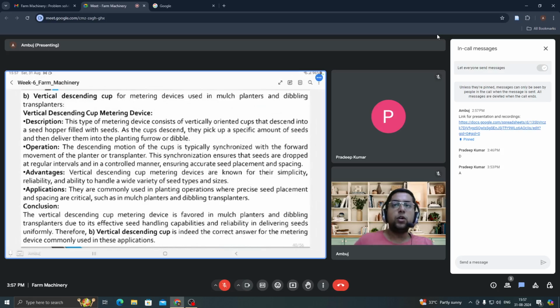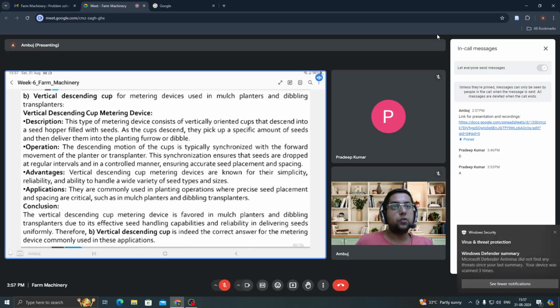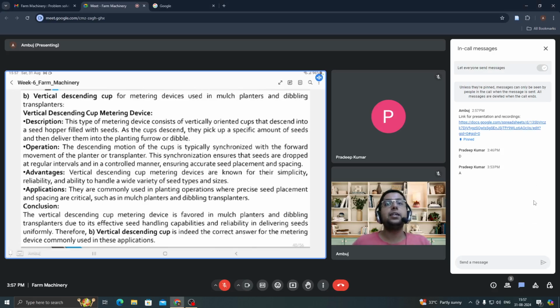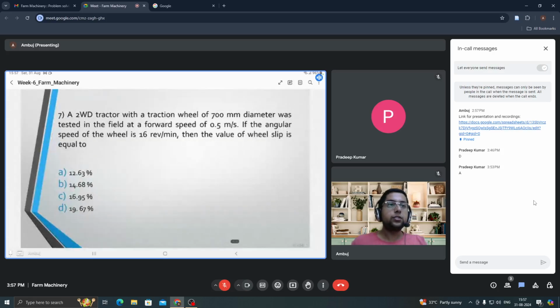Vertical cup metering device is favored in mulch planters and dibbling transplanters due to its effective seed handling capabilities and reliability in delivering seeds uniformly. This one is the correct option. Moving to the next question.